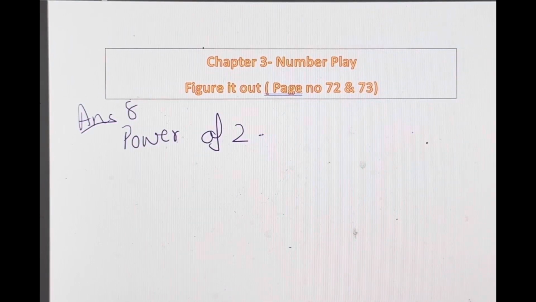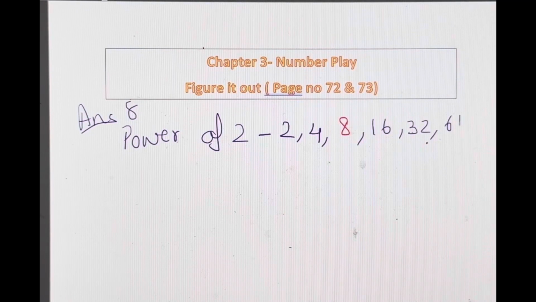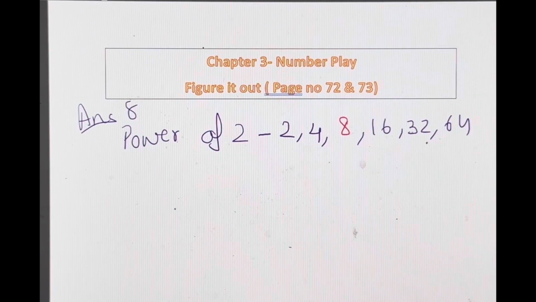In power of 2, which numbers were there? 2, 4, 8, then 16, we need to keep doubling them. 16, 32, 64.